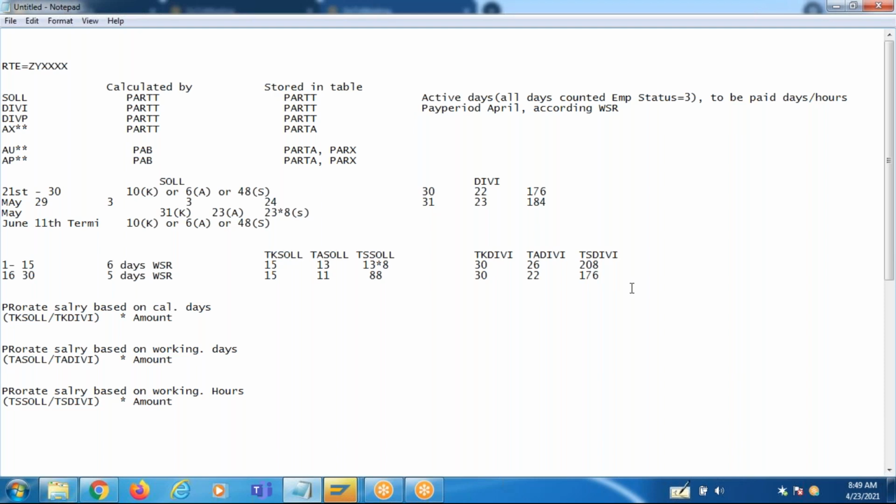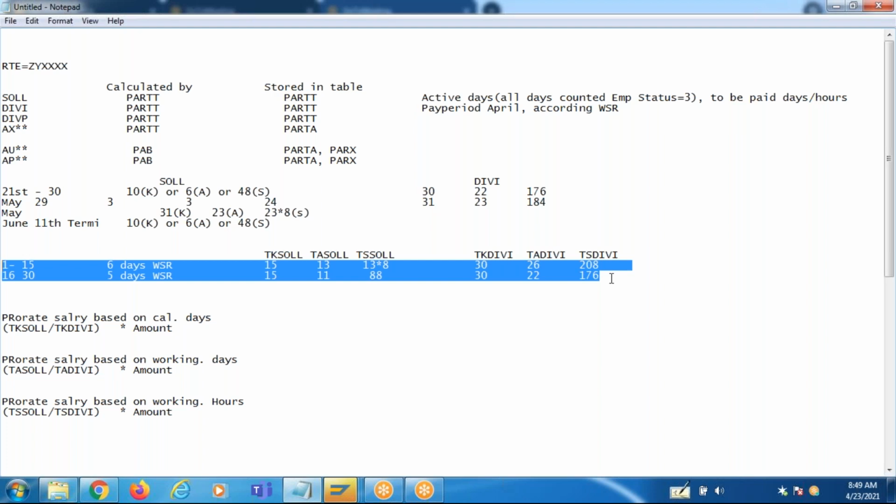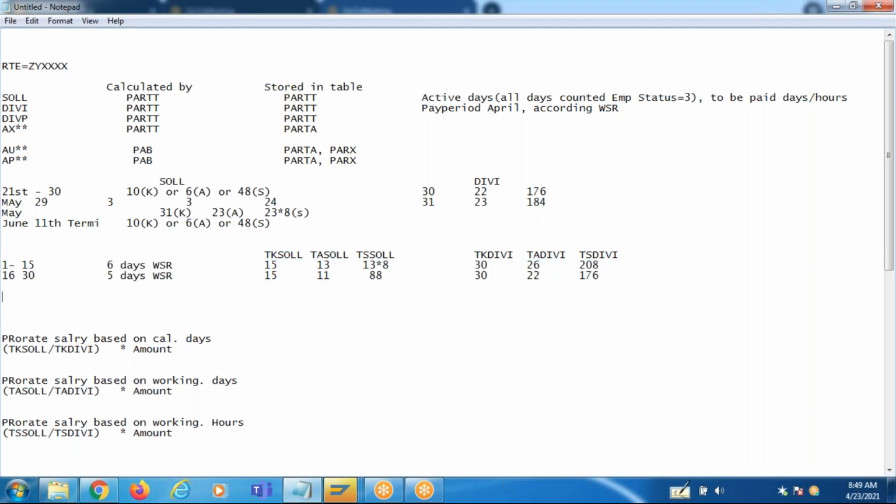Now, in this same example, the employee has taken 7 days unpaid leave from the 13th to the 19th.